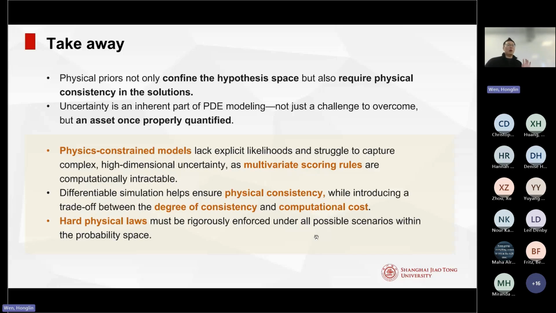I also want to mention that physical consistency is still a trade-off. Why do we need AI models instead of PDE solving? Because it's fast. But if we want to enforce more consistency, we may need to introduce more physical solving, which will somehow harm your AI model in terms of speed.